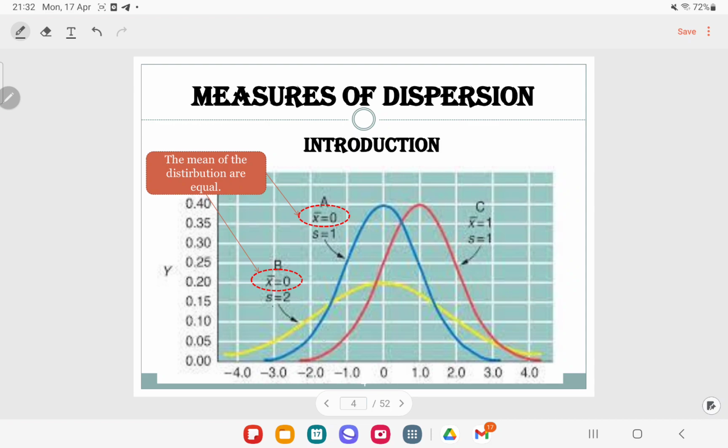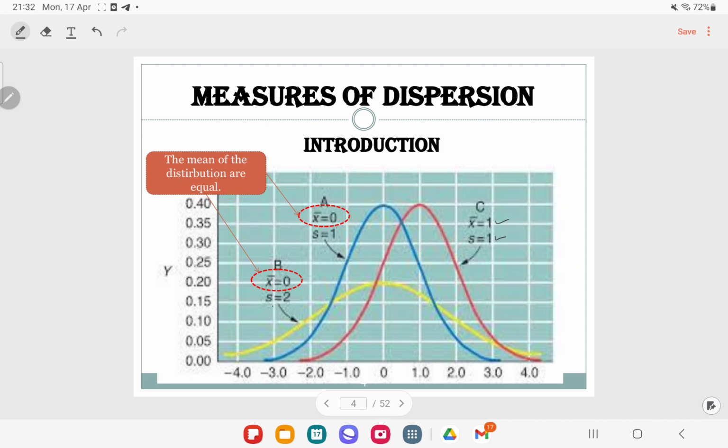For the red line, the mean value is 1 and the standard deviation is also 1. Meanwhile, for A, the blue distribution, the mean value is equal to 0, while the spread, the standard deviation, is equal to 1.